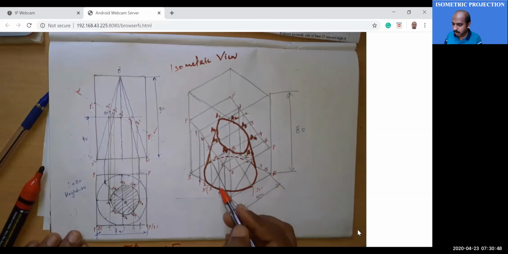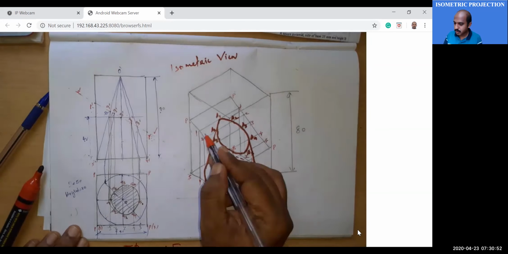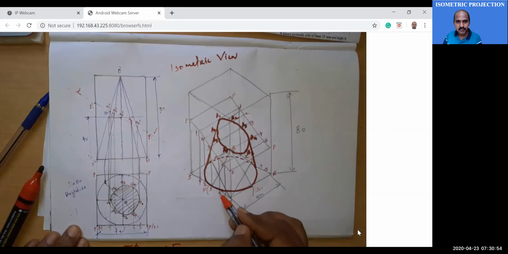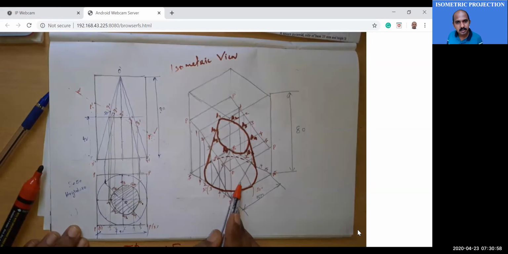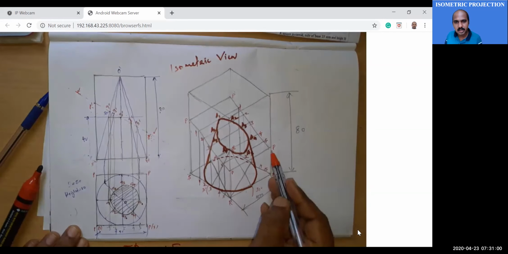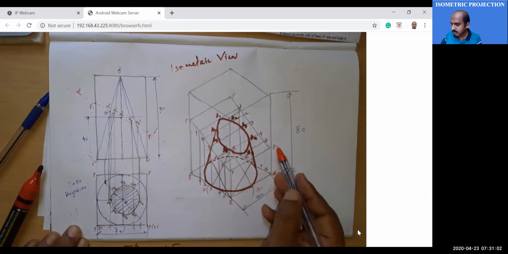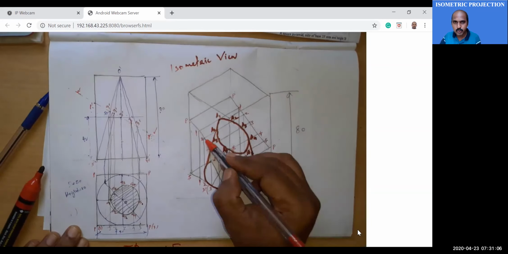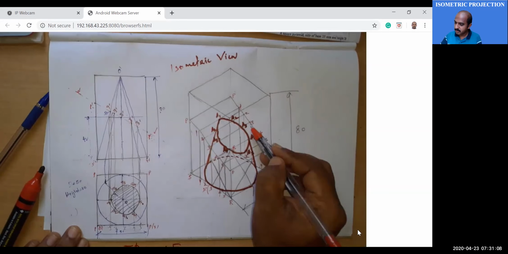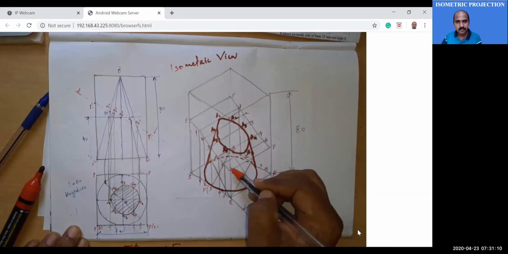Then draw perpendiculars from 1, 2, 3, 4, 5. They will meet with the PP line. The same procedure on the next side also, so that will again meet on the PP line. Which are those points? 1, 1, 2, 2, 3, 3, 4, 4, 5, 5.